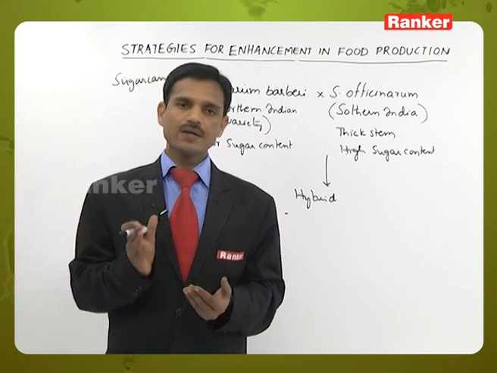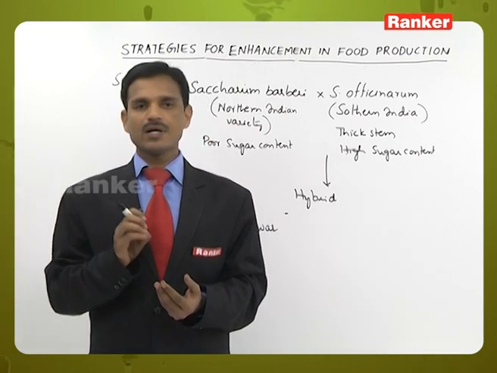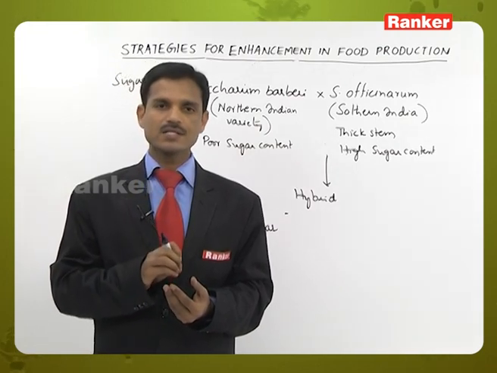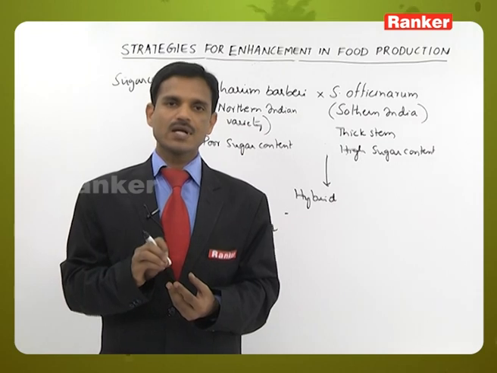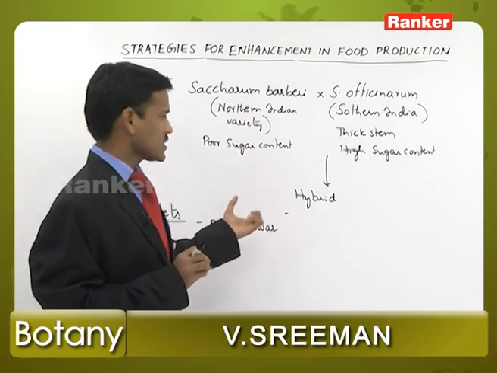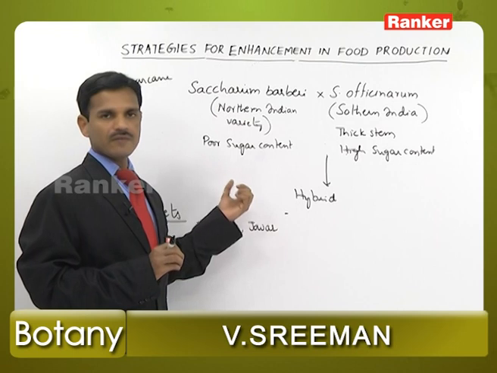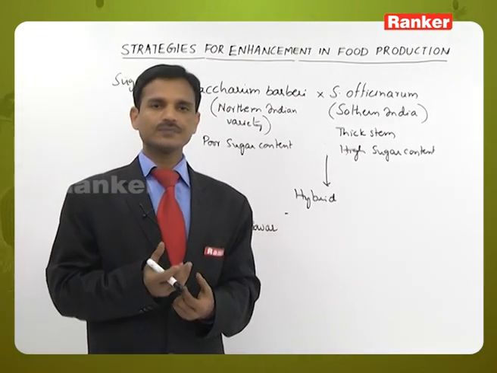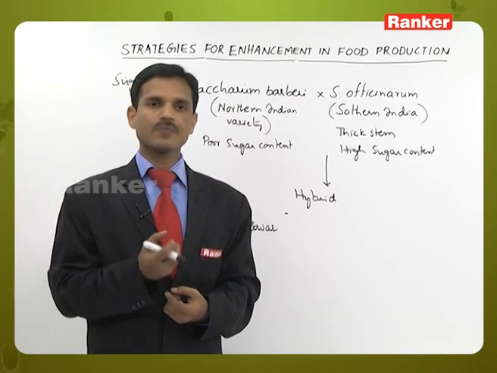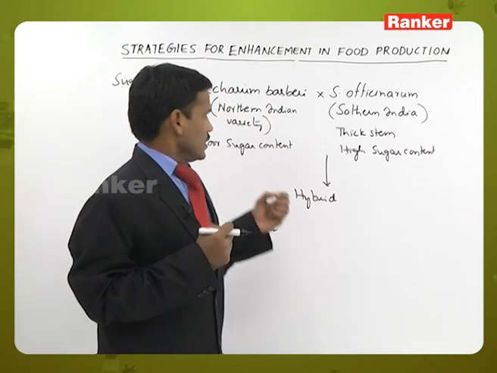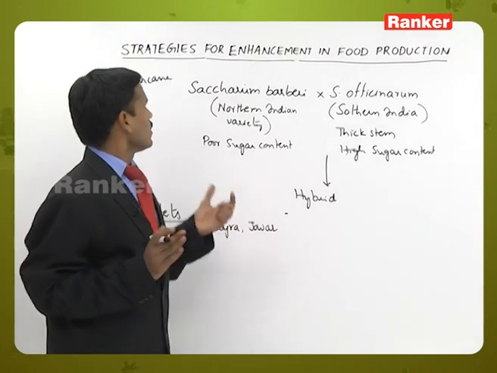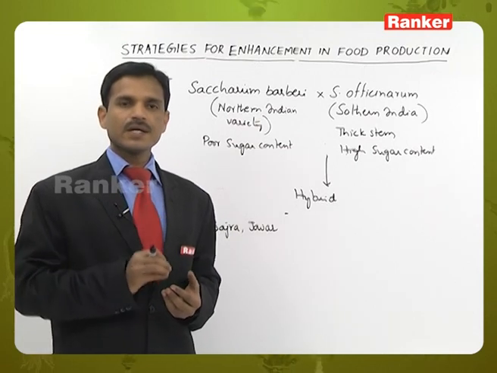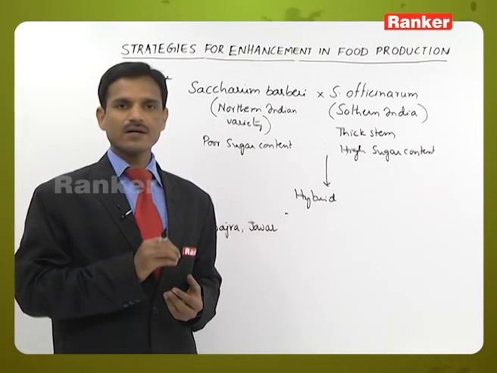In pulses, monocot plants, dicot plants, vegetable plants and commercial plants, different types of plants are developed, and the hybrids are released into the market. A number of hybrid varieties are available in the market, and we are also using hybrid variety products. So this is about plant breeding techniques and methods and some hybrid varieties in different crops.